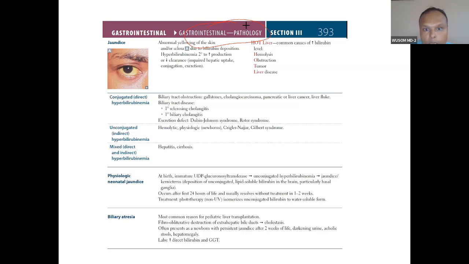They have given 3 reasons: hemolysis, obstruction, tumor, liver. We will talk about all this. They have written conjugated hyperbilirubinemia and unconjugated hyperbilirubinemia. What causes conjugated, what causes unconjugated, and in what condition will there be both? We have a good table, we will talk about that.